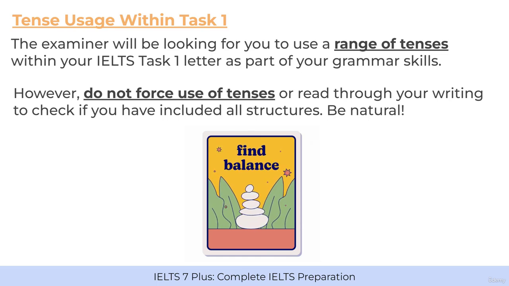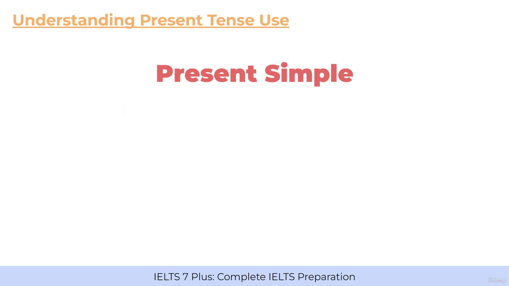So in this lesson, we'll be looking at 4 of the present tenses that we can use, and we'll start with present simple. So this is used for general truths, habits, regular occurrences, as well as schedules as well. But overall, it's general truths and facts and habits.